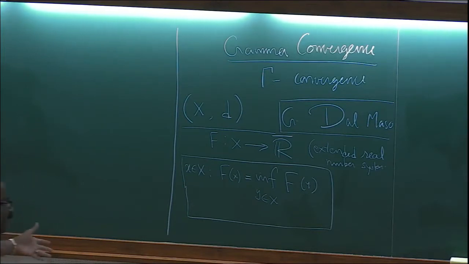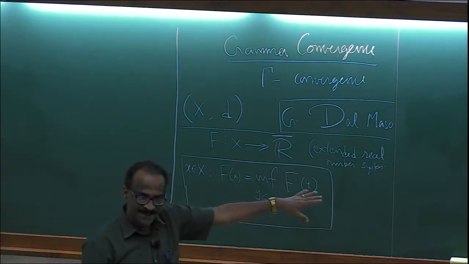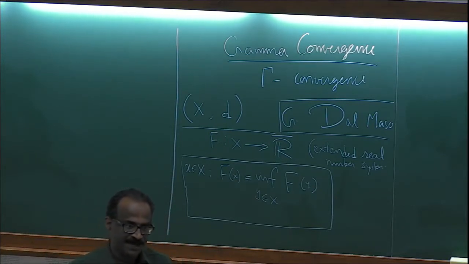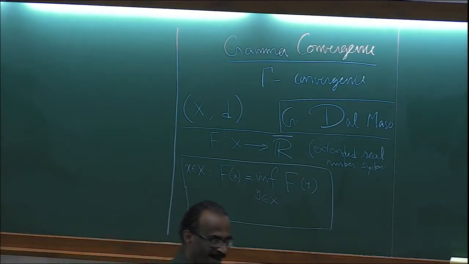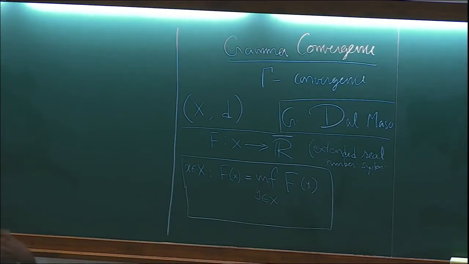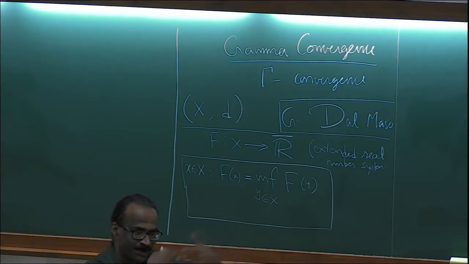I can define the gamma convergence in one line right from the beginning without going to any of that, but you will see the definition at the end of my class, almost in the second half of my second lecture. So we are setting a stage and setting the motivation, why we want to study, why it is a kind of natural definition, so that you get the definition automatically.